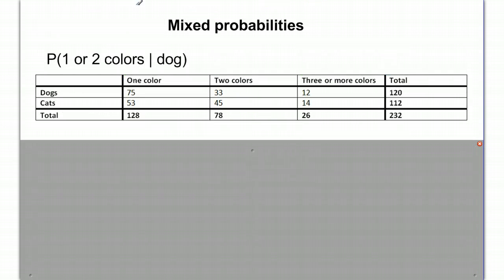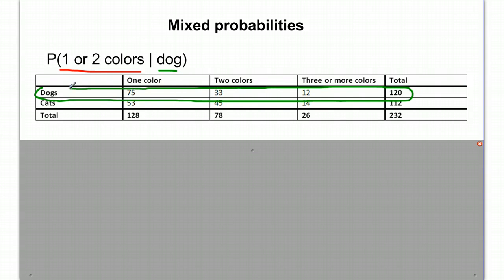Now mixing them up. What do we do when we get something complicated like this? One or two colors given that it's a dog. Step one, you have to deal with that condition, that given. So let's only look at dogs. Everything else, totally irrelevant. Scribble it out. Now, the probability of one color or two colors.